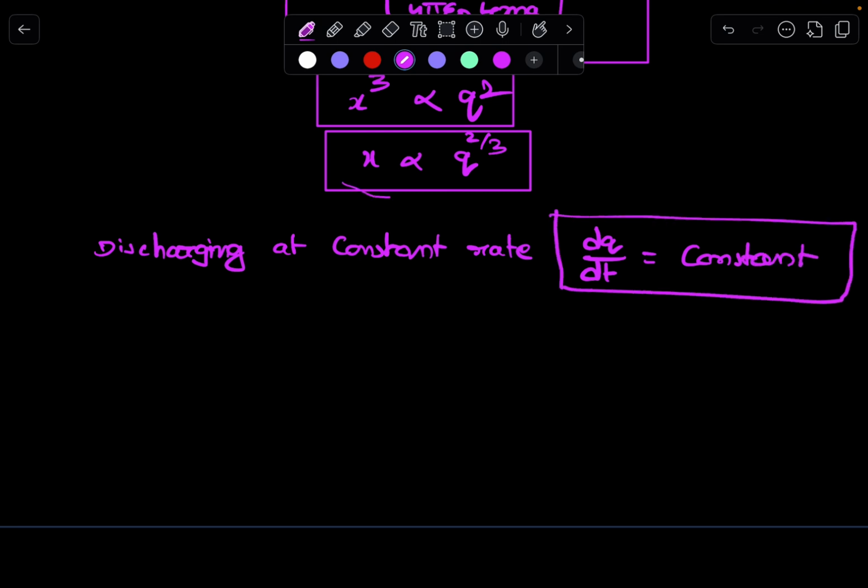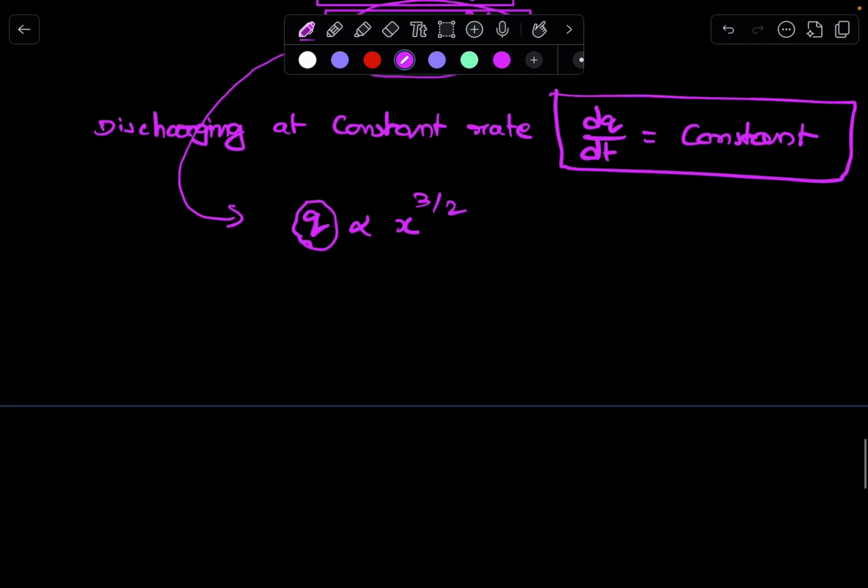Look at this equation carefully. x is directly proportional to q power 2 by 3 I wrote, right? Correct or not? So from this expression clearly we can understand q is directly proportional to x power 3 by 2. Am I right? Now I am going to differentiate this charge with respect to time.